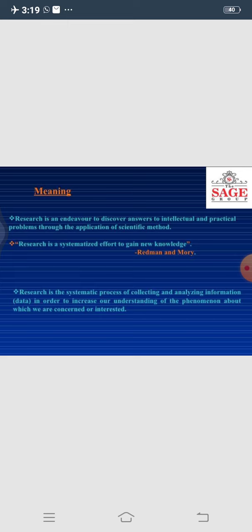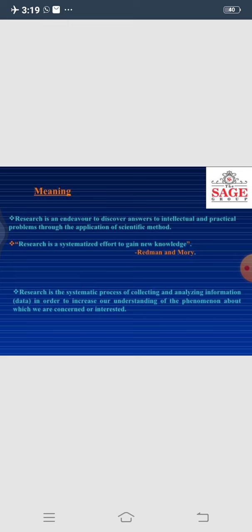scientific method. Some practical problem, for example, if I am in the HR department and my organization is facing increased HR turnover, so I need to find out why people are leaving. Let's do a research for that. This is a major issue. If suppose I am coming up with a new product, how should I position it in the market?